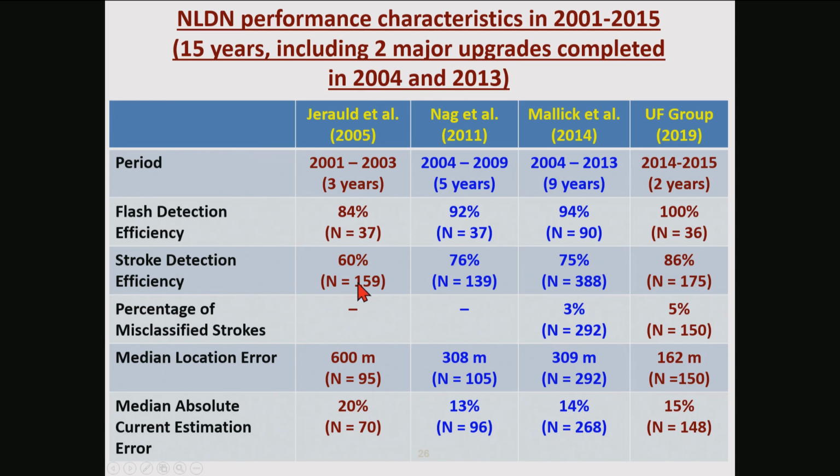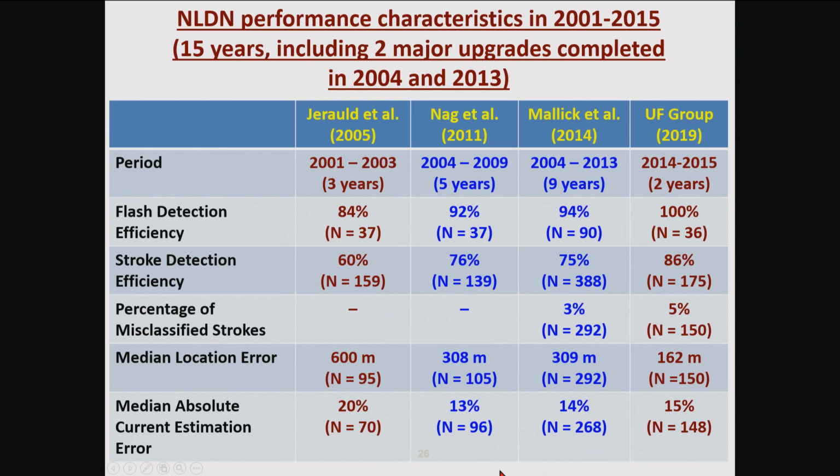Stroke detection efficiency, 60%, 86%. Percentage of misclassified strokes was not determined in the earlier study, 5% presently. Median location error, 600 meters, now 162 meters. And finally, the median absolute current estimation error, 20% and 15%.